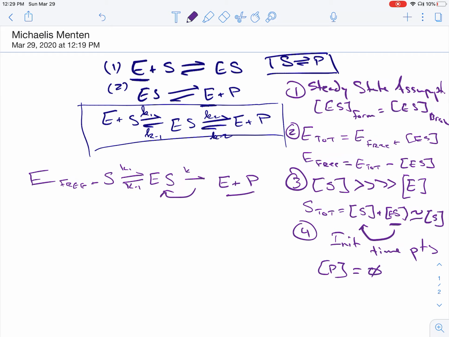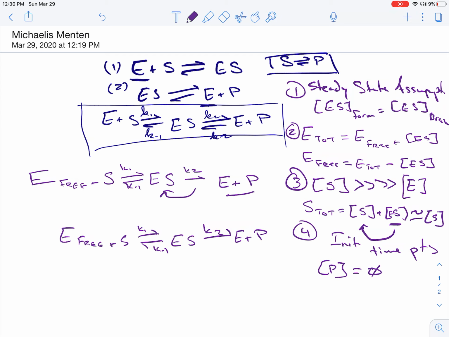So here we can simplify our enzyme equation such that it is E free plus S goes to ES goes to E plus P, and there's no reverse reaction.